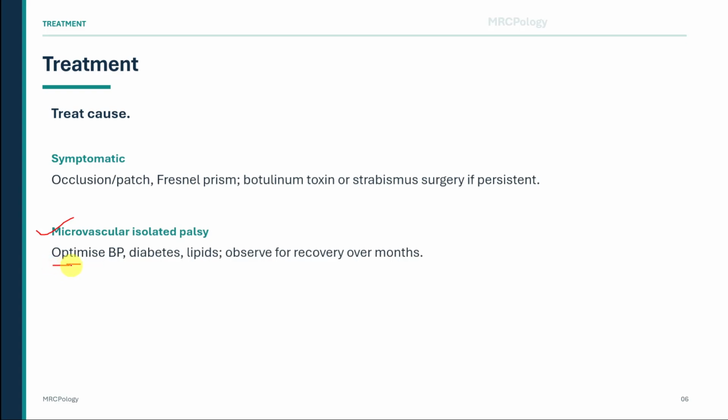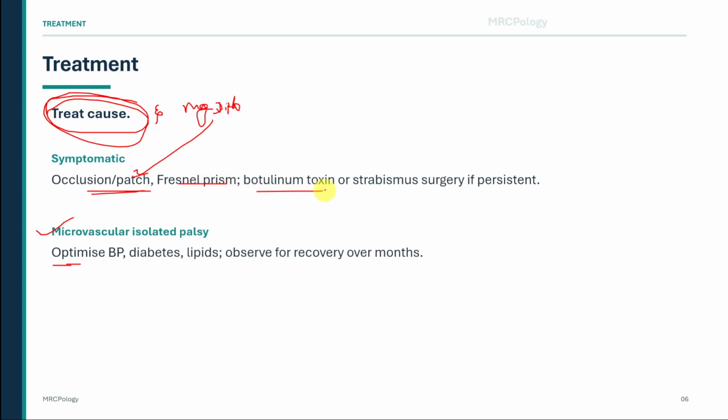Management has two parts: treat the cause and manage the diplopia. If there is raised intracranial pressure, infection, inflammation, stroke, tumor, cavernous sinus disease, or trauma, treatment is directed at that underlying condition. For symptoms, occlusion or patching can help immediately. Fresnel prisms may reduce diplopia during recovery.